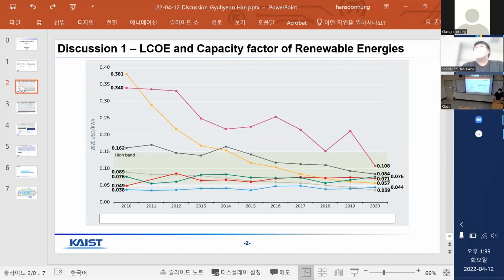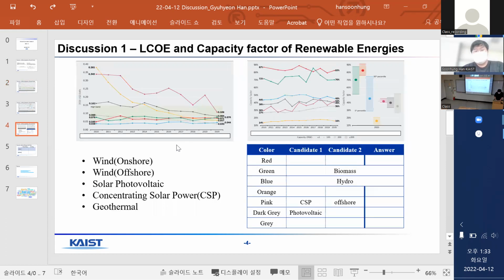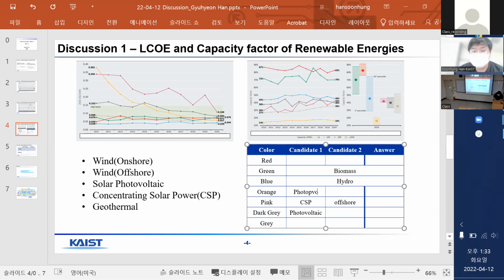I think the yellow one is solar photovoltaic because it was expensive around 2019, but now it has been widely researched, so I think the cost can be lowered very much. So yeah, the orange one is the... Okay.